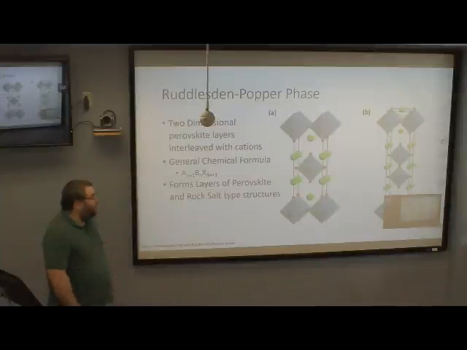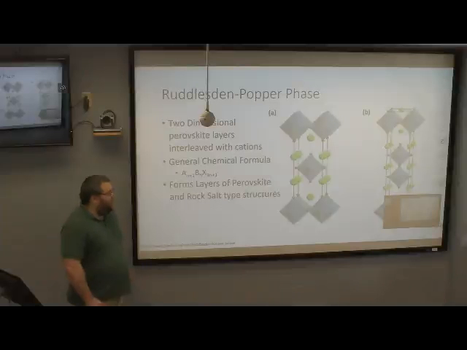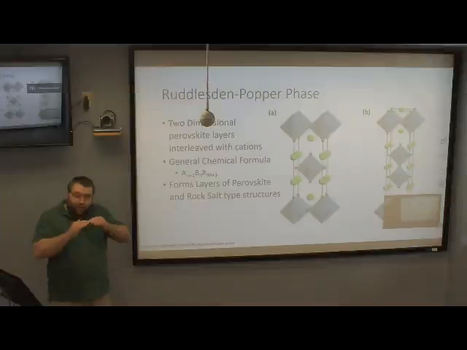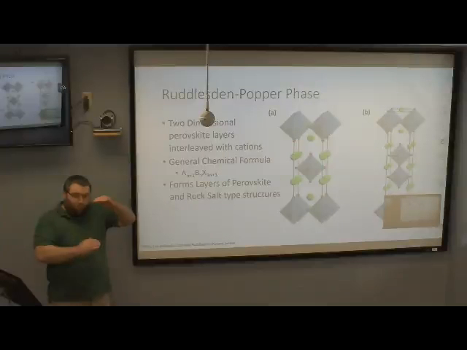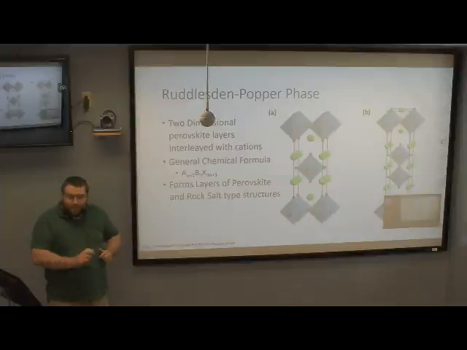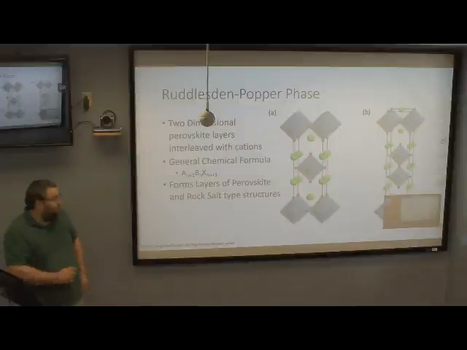You have your regular perovskite layers, and separating these layers are rock salt-like layers. So you end up with distinct perovskite and rock salt layers in your system.